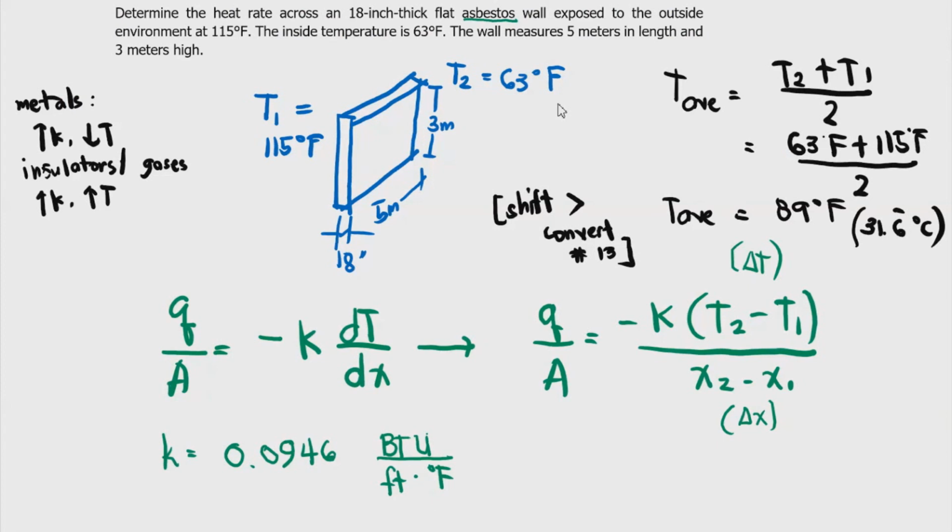So whichever is mas madali sa inyong isulat. And then since we already have our K, and then T2 minus T1 meron na tayo, and then x sub 2 minus x sub 1, and then the area, so we just need to find our Q.